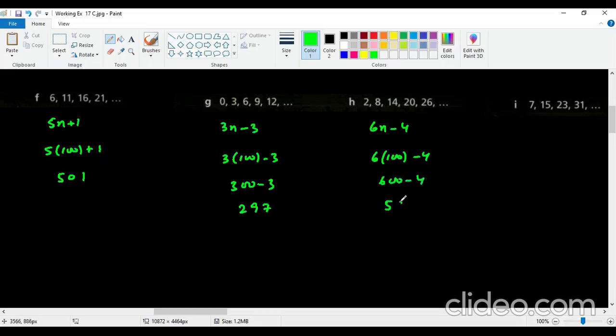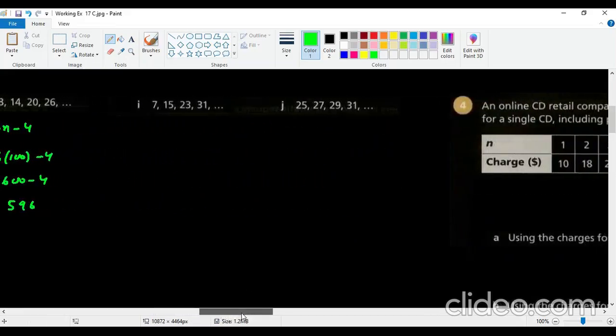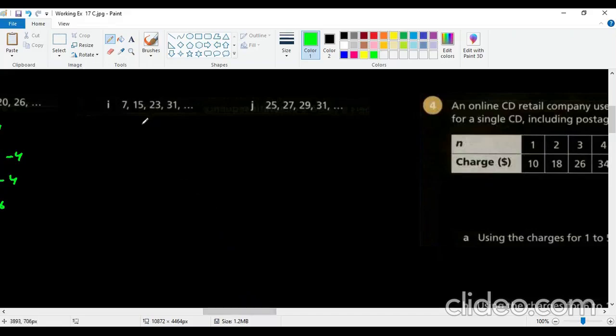So 596 is going to be the 100th term of this sequence. Moving on to question number I, the difference between them is 8, so 8n, and to make 8 a 7 we need to subtract 1 from it. So 8n minus 1, that means 8 times 100 minus 1 is going to be your answer. 799 is the final answer.